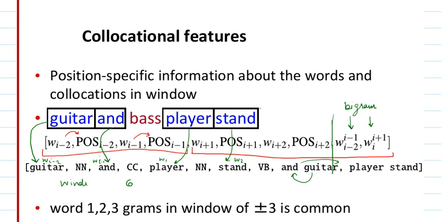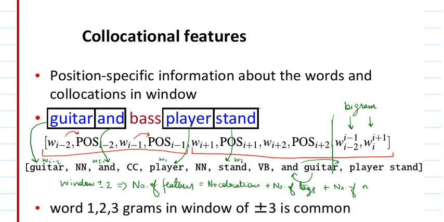The number of features is equal to the number of co-locations plus the number of tags plus the number of n-grams.